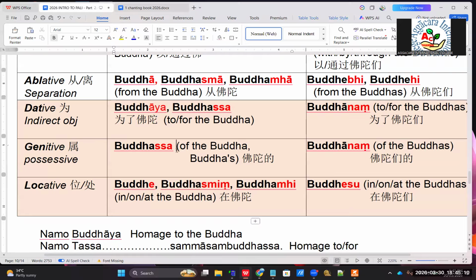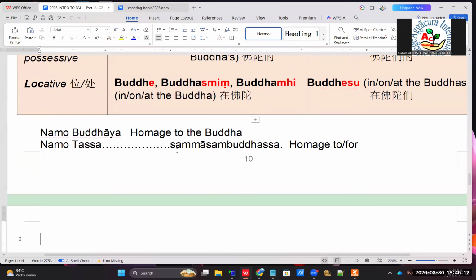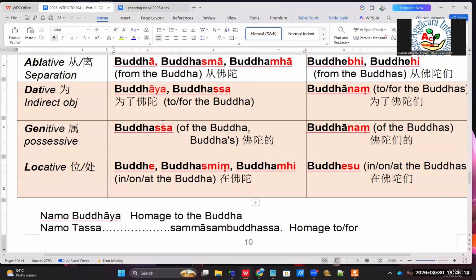Any question? If not, I continue. Now, this genitive is possessive, meaning of the Buddha or Buddhas. And the plural will be Buddhanam. So Buddhaya, Buddhasa, Buddhanam.